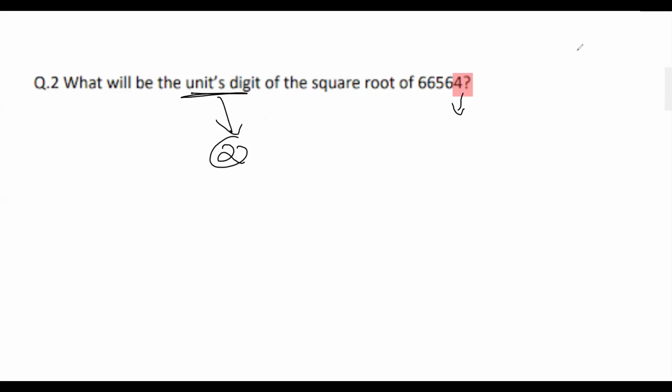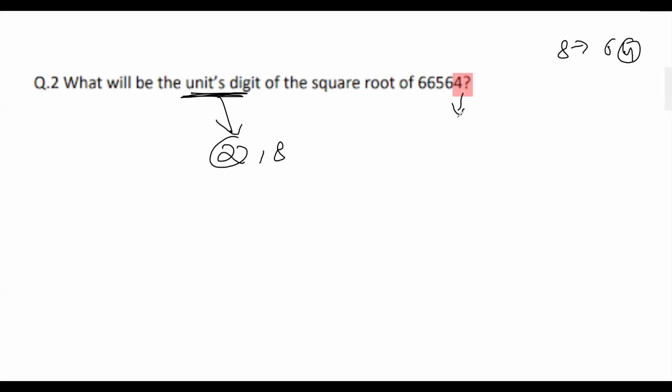Now, you also know that 8 square also ends with the digit 4, right? So what will be the unit digits? I think it should be digits, right? There could be more than one answer. When you find the square root of 4, it can be either 2 or 8.